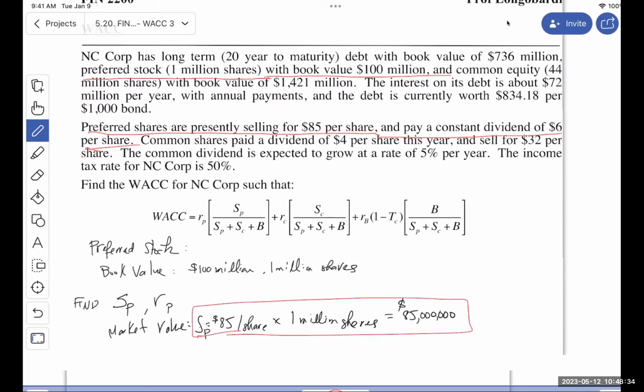And now let's get the RP. Now, we don't have a lot of information, so let's see what we have. We have the price, and we have the dividend, constant dividend.